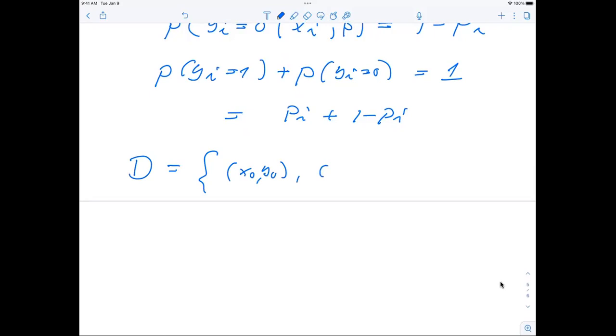It contains x1, y1, etc., all the way up to xn minus 1, yn minus 1, like this. And we want a probability distribution for this set of events, and I'm simply going to write it like this. What is the probability of finding this domain of events D with a given value beta?